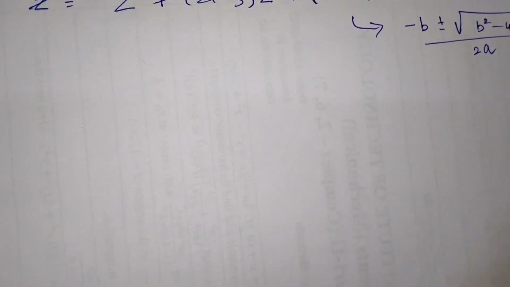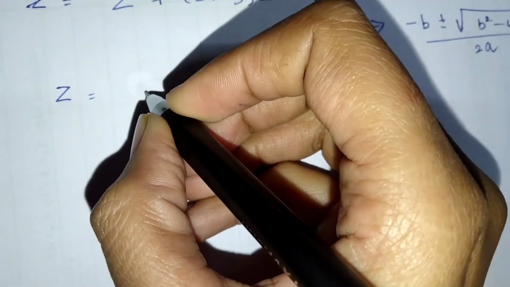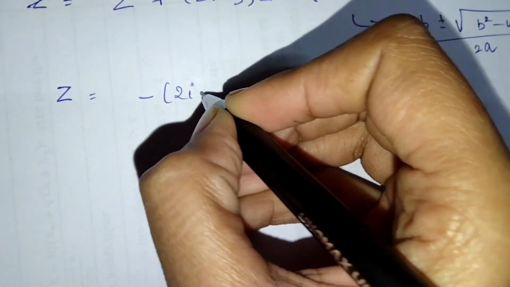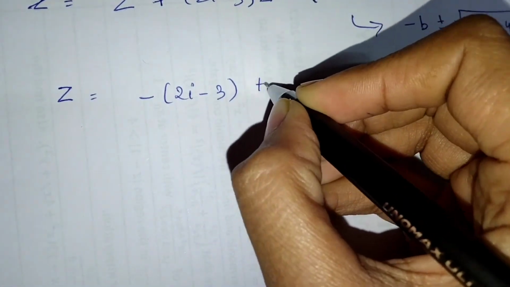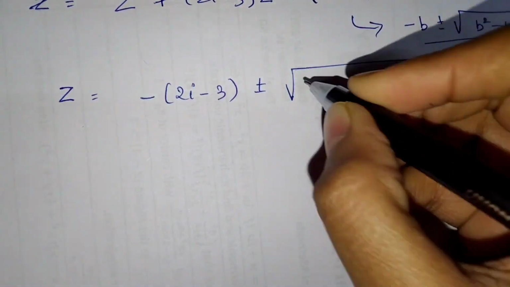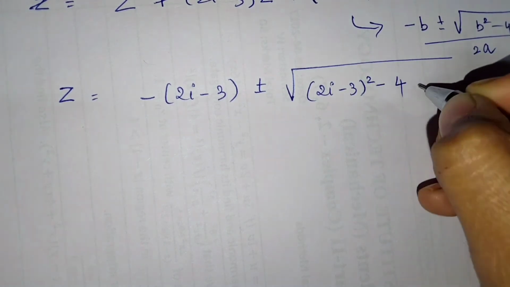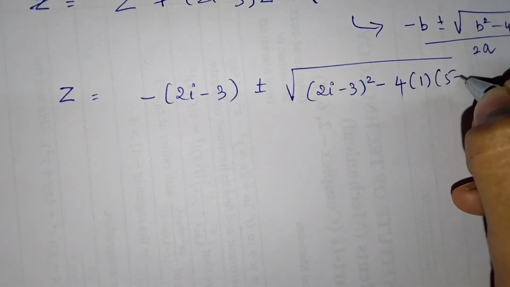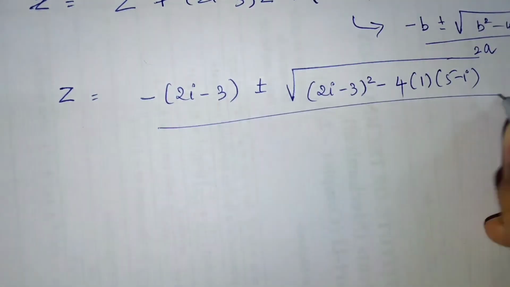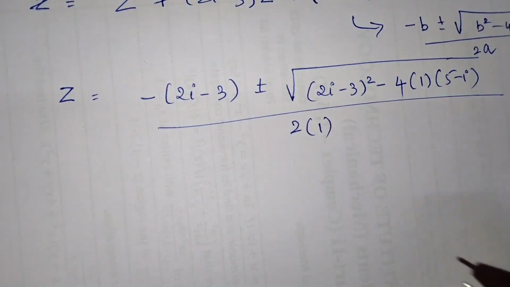So z equal to minus b. What is our b? 2i minus 3, plus or minus root of b square minus 4ac, upon 2a.